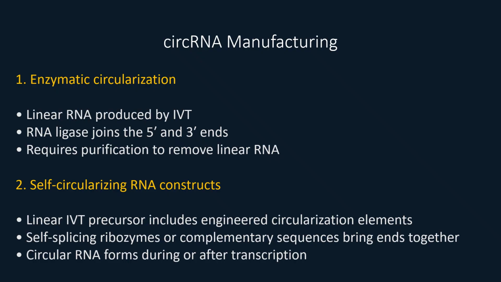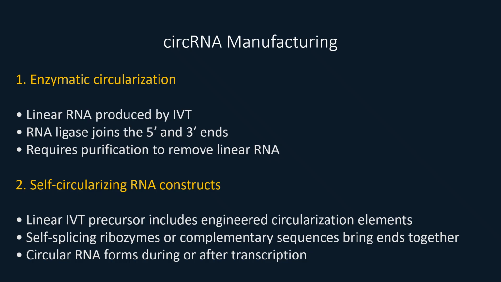So producing circular RNA is a bit more involved than linear mRNA, but it starts the same way, with a linear transcript from IVT. From there, there are two main strategies. First, enzymatic circularization.